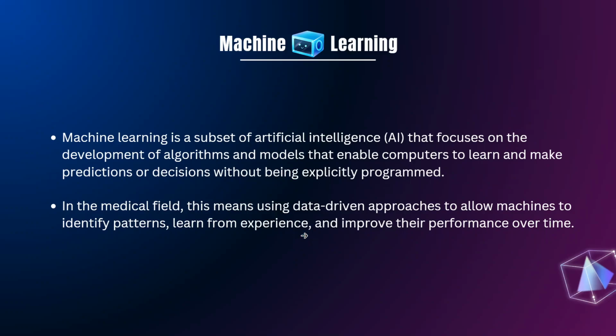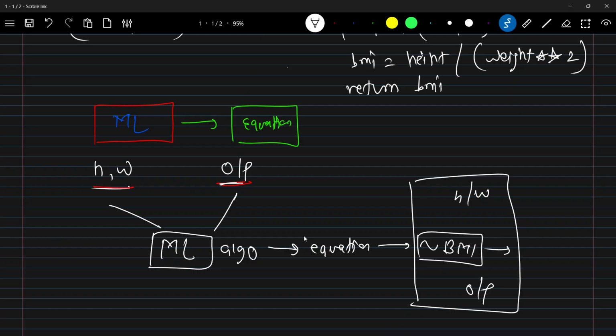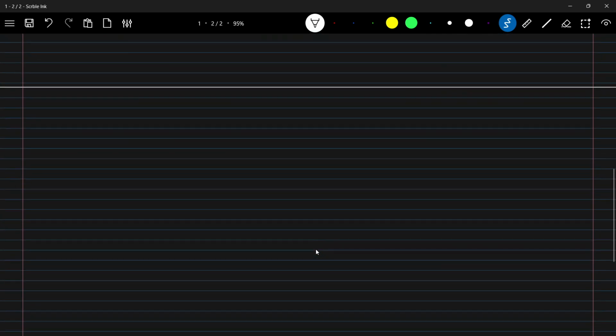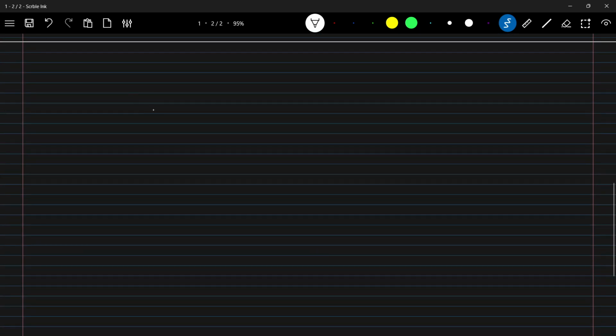BMI is just a simple example. Maybe in future, we may require a complex equation. Suppose this is a BMI which requires different parameters like height, weight, just suppose X, Y, Z, H1, H2, and different parameters.